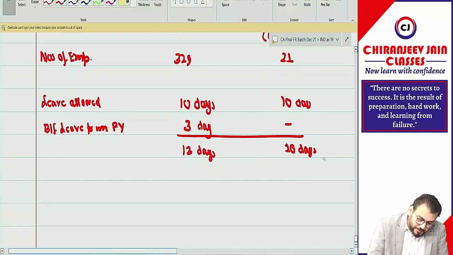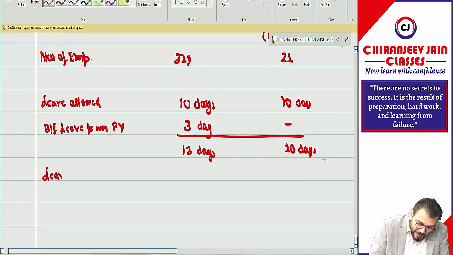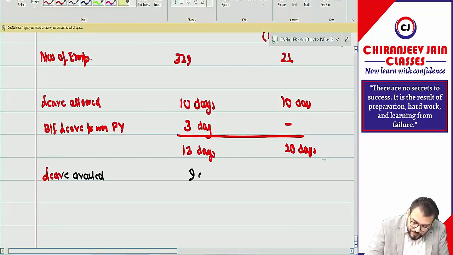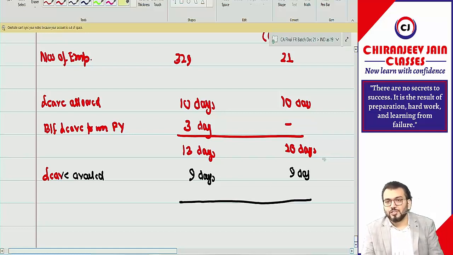Correct. Then what is leave availed? Leave availed is how much? This is 9 days, and this is how much? 9 days. Means if the question is silent, what will you assume, FIFO or LIFO?